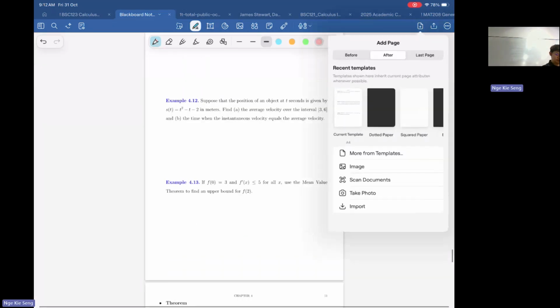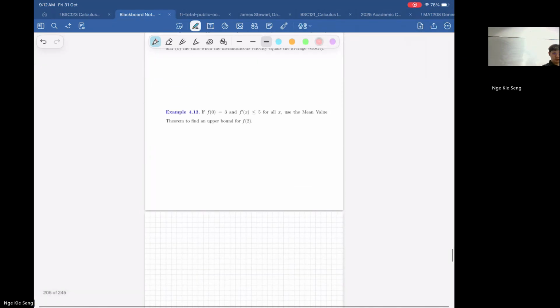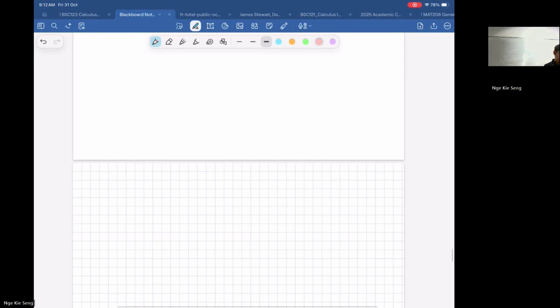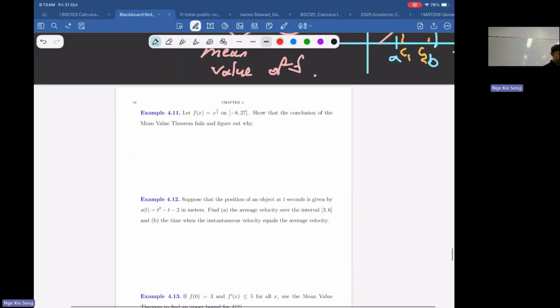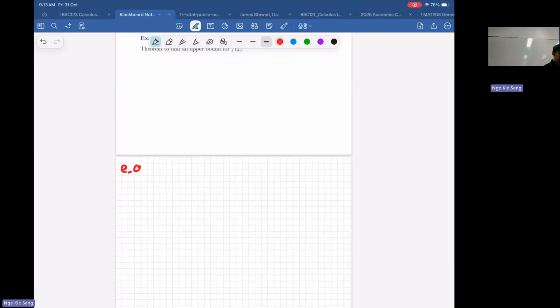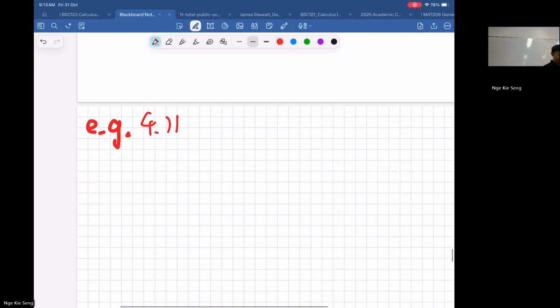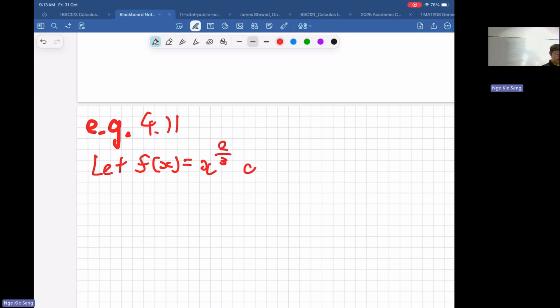Let's take another page. So let's quickly do it. For example 4.1, f(x) equals x^(2/3) on the closed interval from minus 8 to 27.